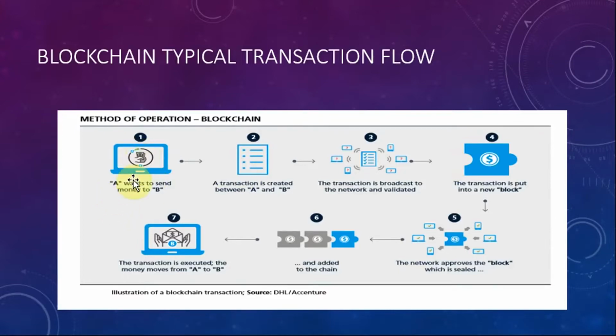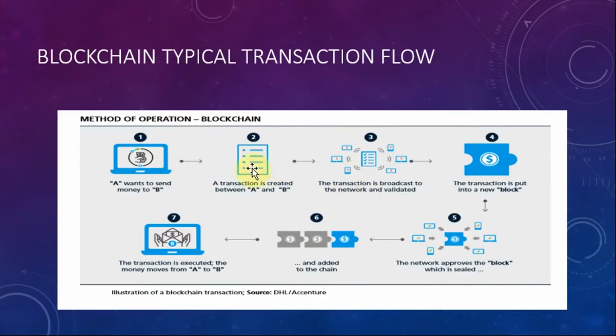So first of all, A wants to send money to B, basically cryptocurrency. He wants to send cryptocurrency from A to B. Now a transaction is created between A and B in the network. Then the transaction is broadcasted to the network and is validated.